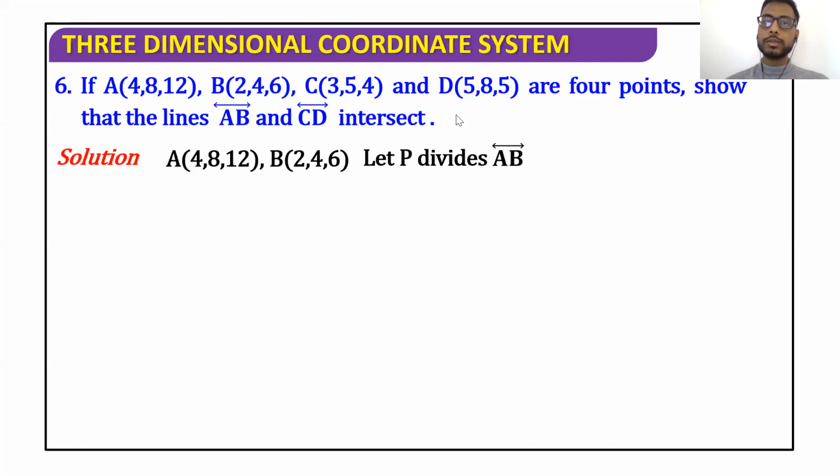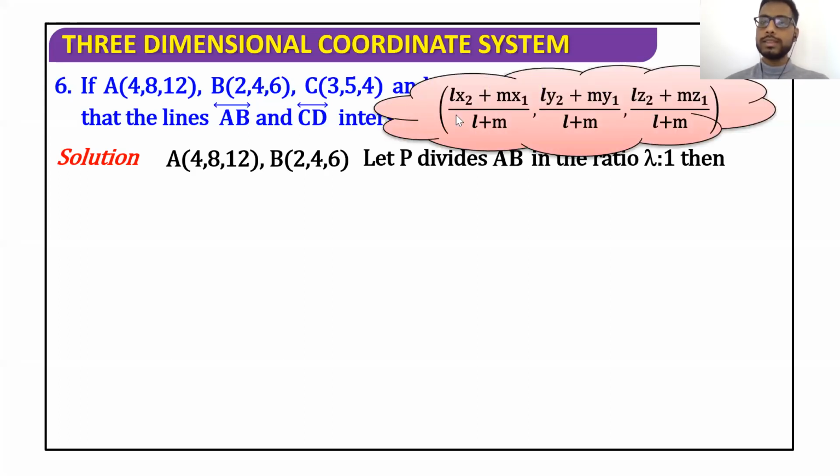Then I'll use my internal division formula. What is the internal division formula? (l x2 + m x1) upon (l + m). Similarly for the y coordinate and z coordinate. My x1, y1, z1 in this case is point A, and x2, y2, z2 is my point B. l and m in this case are lambda and 1. The ratio l is to m is lambda is to 1.